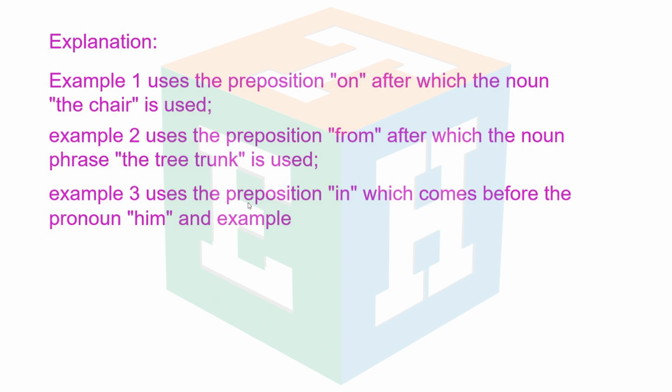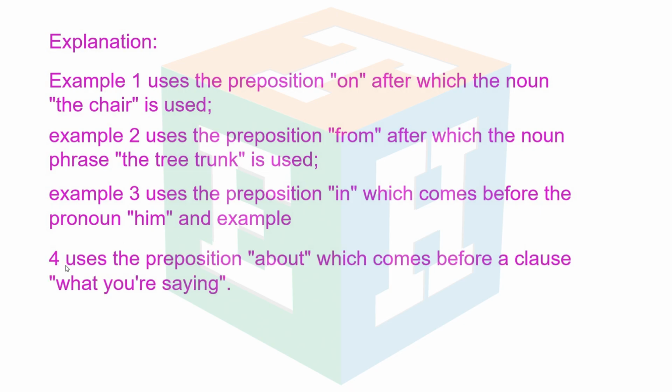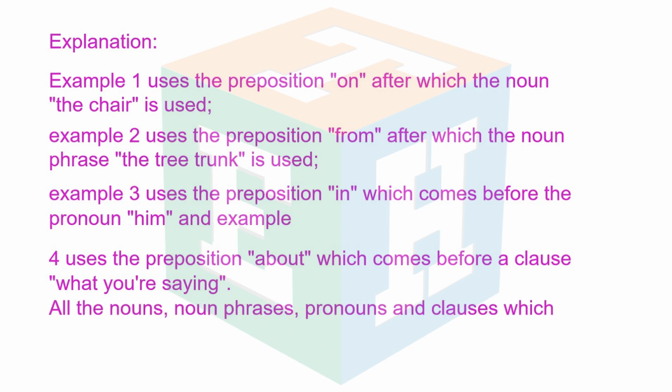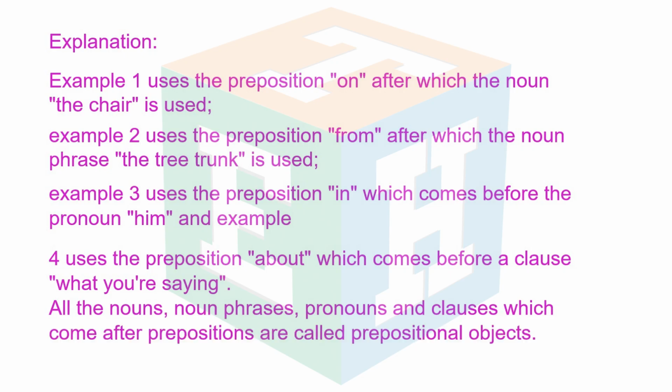Example 3 uses the preposition in, which comes before the pronoun him, and example 4 uses the preposition about, which comes before a clause, what you're saying. All the nouns, noun phrases, pronouns, and clauses which come after prepositions are called prepositional objects.